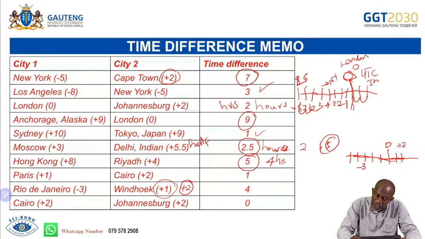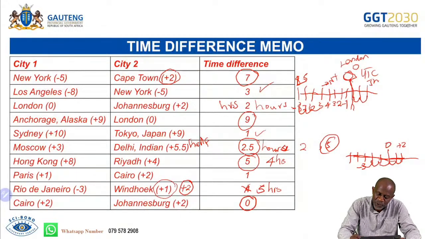So we are going to count towards Rio from Windhoek, and you'll count 1, 2, 3, 4, 5 spaces, and the correct time difference between the two cities is 5 hours.